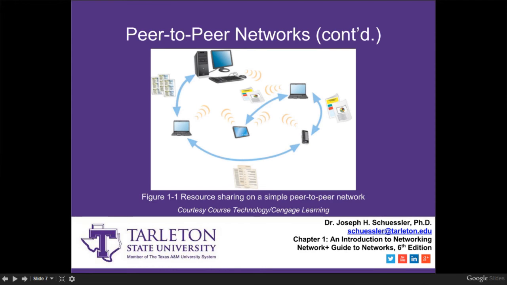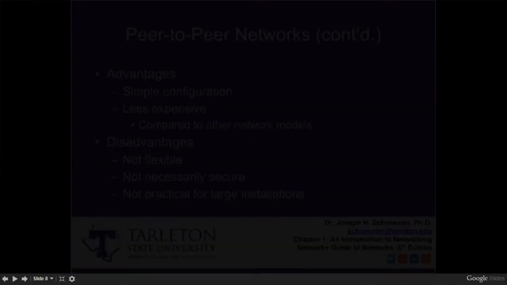If you look at every computer on there, every computer is responsible in this system for its own data. So you can either share files or restrict access to the file, but it's done at each computer. So you can see, if you're trying to manage this from an administrator's perspective, it becomes very difficult because you're having to manage it at each individual computer, so that can be very problematic.